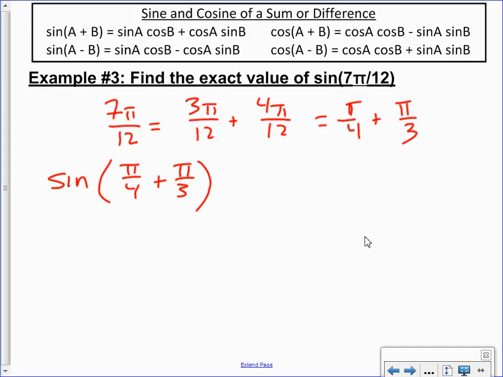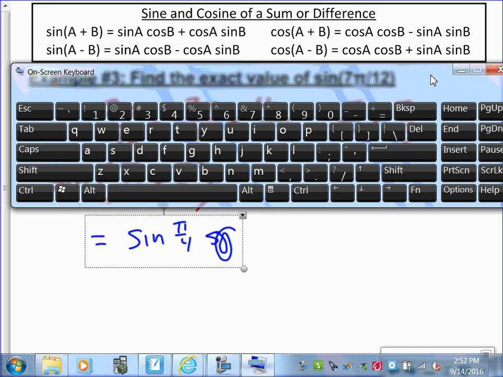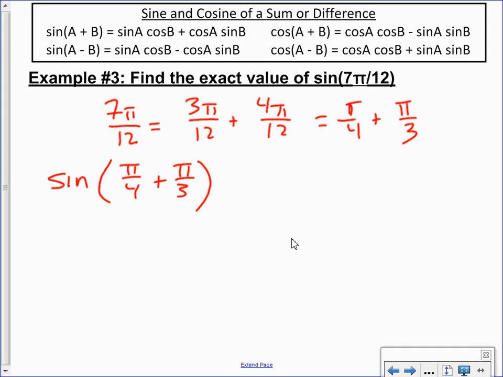And sine goes sine, cosine. So sine pi over 4, cosine pi over 3.